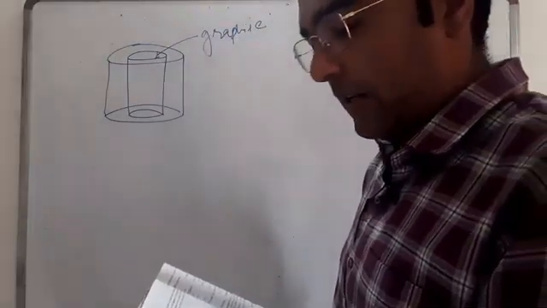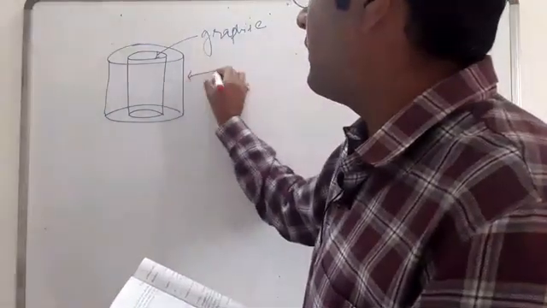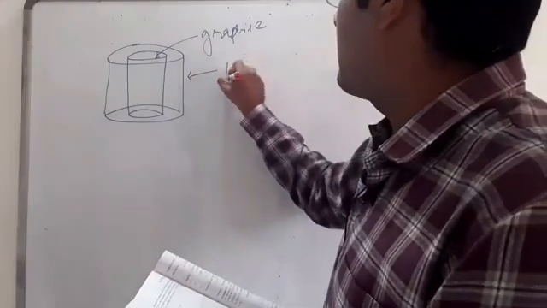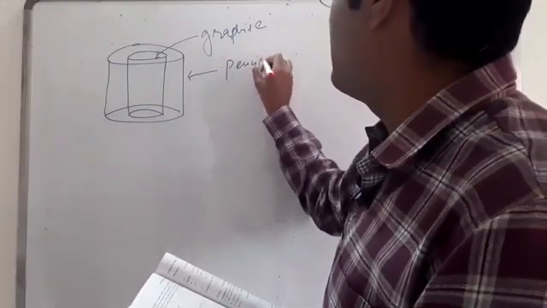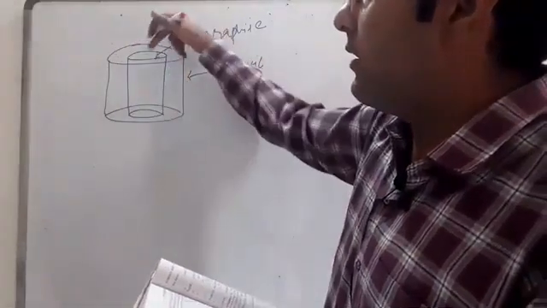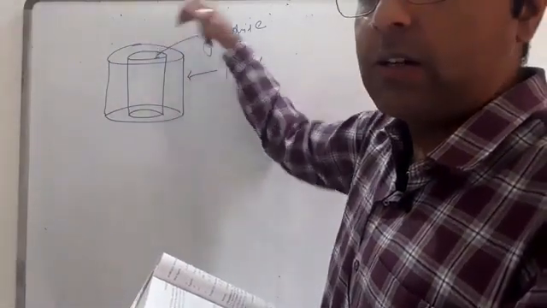And the second one is the outermost cylinder that is known as the pencil. This outermost cylinder is the pencil, and the innermost cylinder is the graphite.